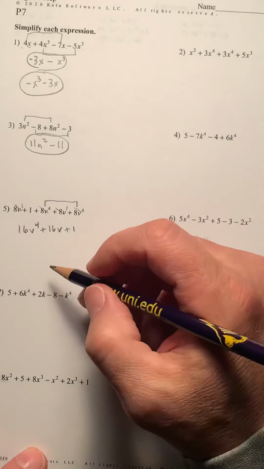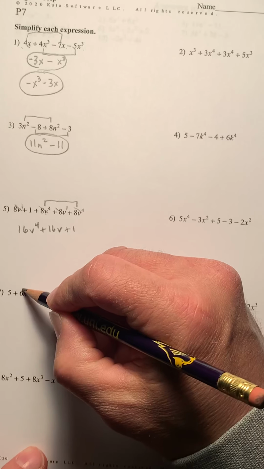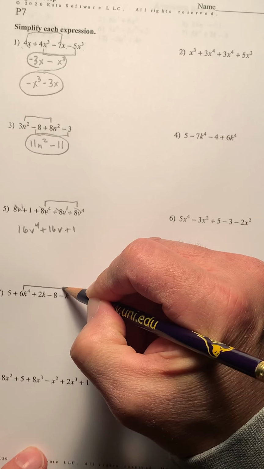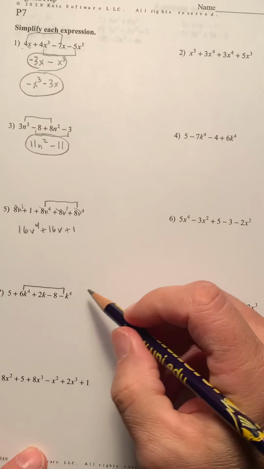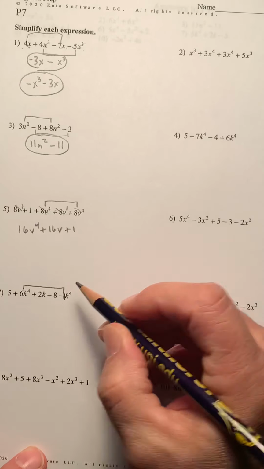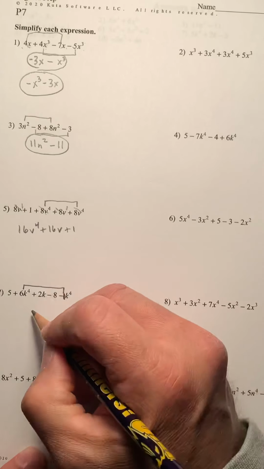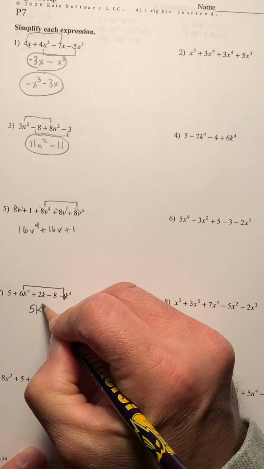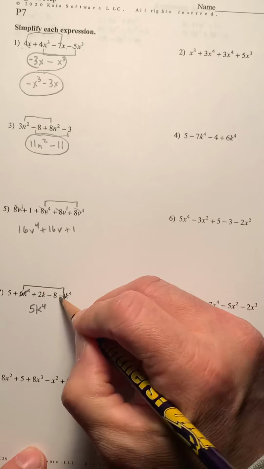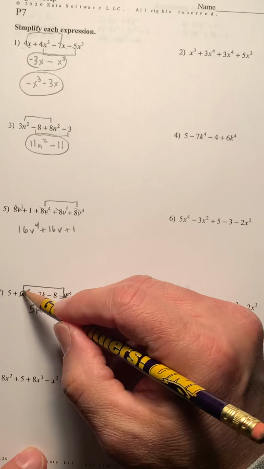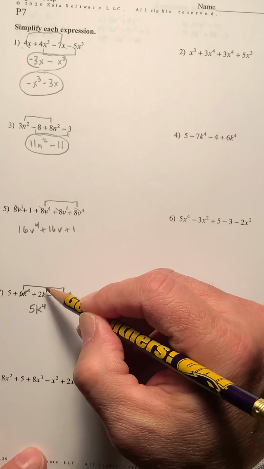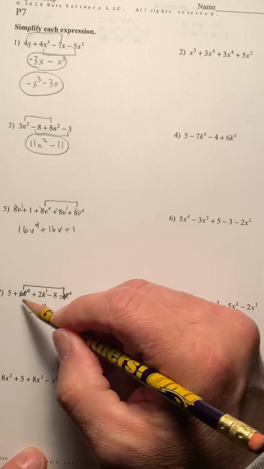All right, we'll go a little bit more quickly on number 7 here. We have a 6k to the fourth and a minus 1k to the fourth. Remember, that's a 1 in front of there. So 6 and a minus 1 make 5, and we keep k to the fourth. All right. Now, the next biggest exponent is a 1 here on this k, but I don't have any other k terms.